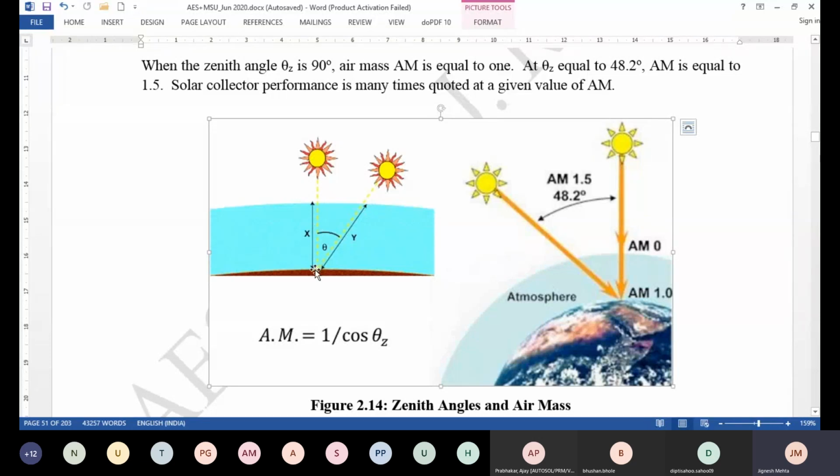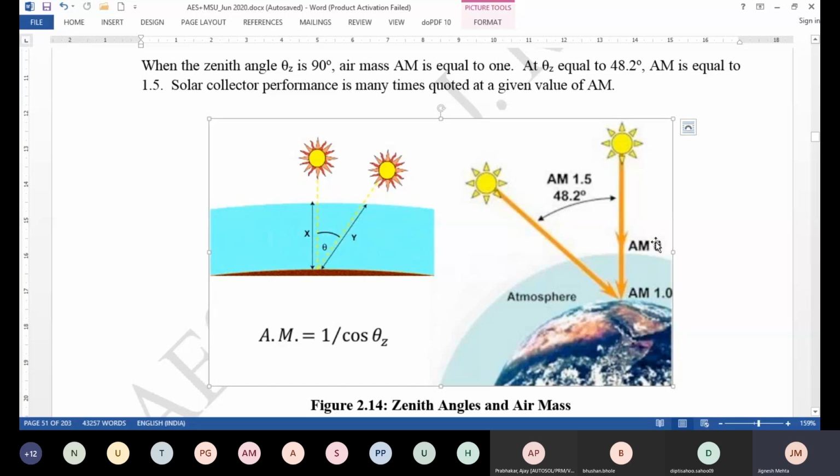That's the minimum distance that it can travel. Then at some other point of time, the distance that it has to travel is y. So this ratio of y upon x, which would be 1 or more than that, is called air mass. So it's just a relative distance between when the sun is overhead and when the sun is shining from some other angle. As you can see, it is shown here that AM is 1 when the sun is overhead, that is the shortest distance.